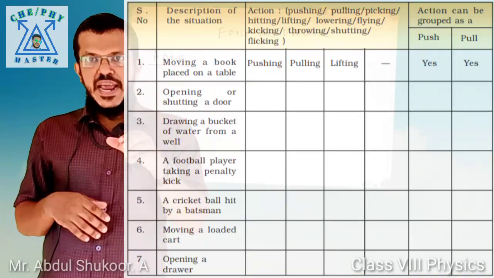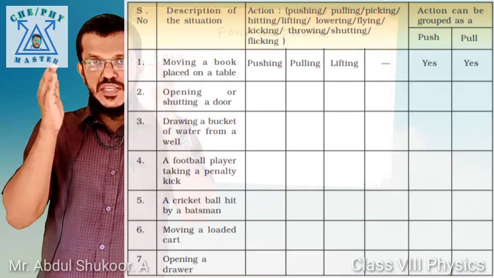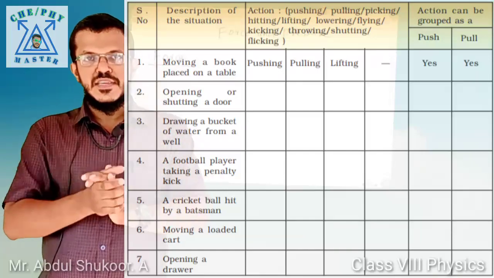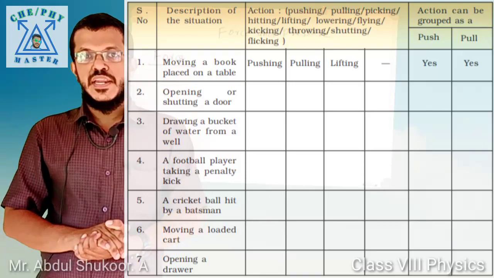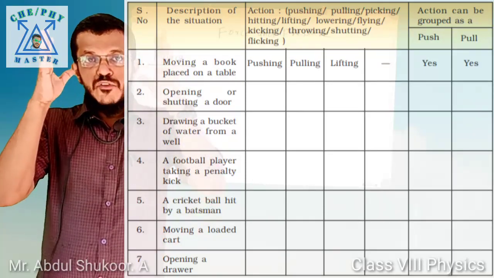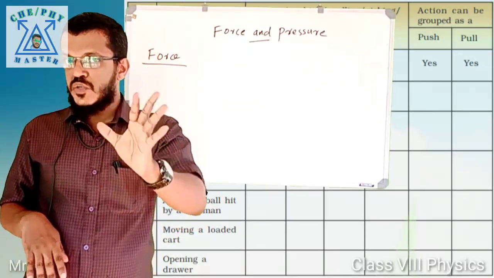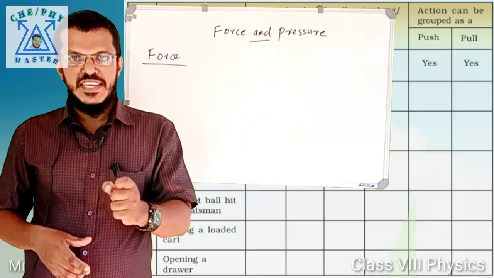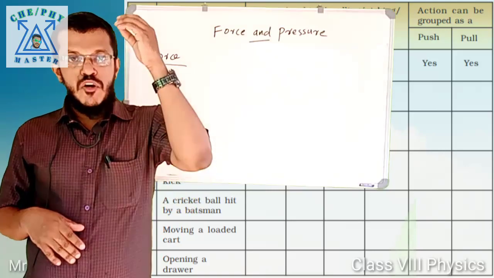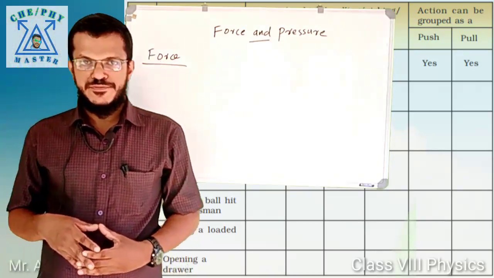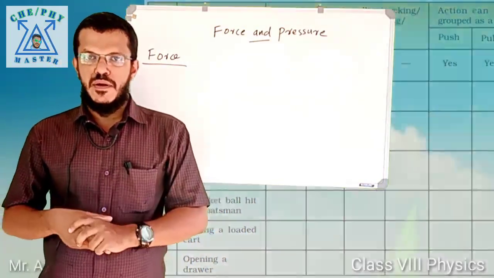Then the action can be grouped as push or pull. If push or pull is included, then you can write yes. If there is no push or pull, then you have to write no. If you analyze this table, you will understand that in all the cases, forces are applied in all the situations given in the table.